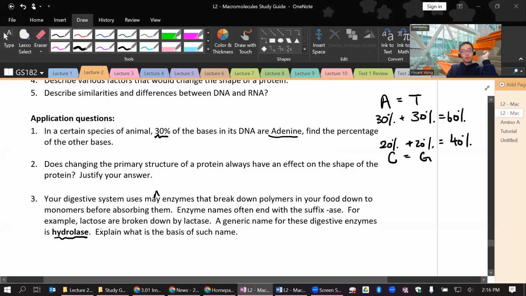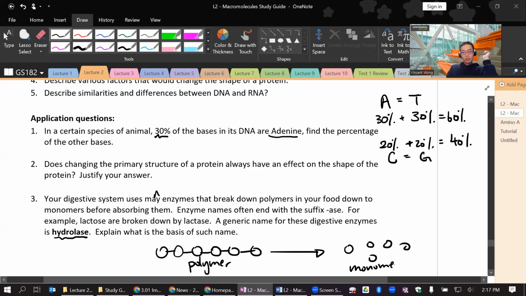Well, this is not too difficult, because you might remember earlier today we said when you have a polymer and you want to break it down into monomers, this is called hydrolysis. So if an enzyme does hydrolysis, then we call them hydrolase.